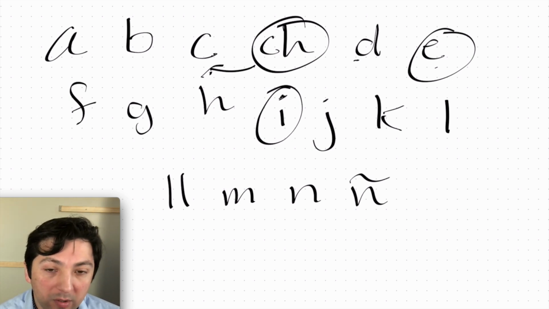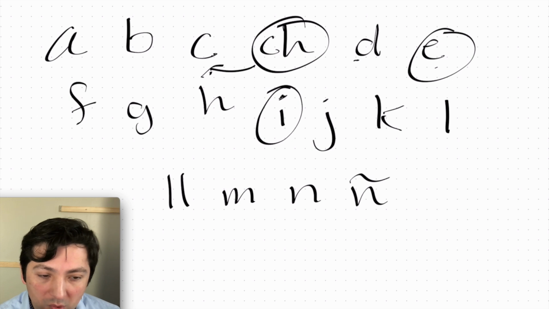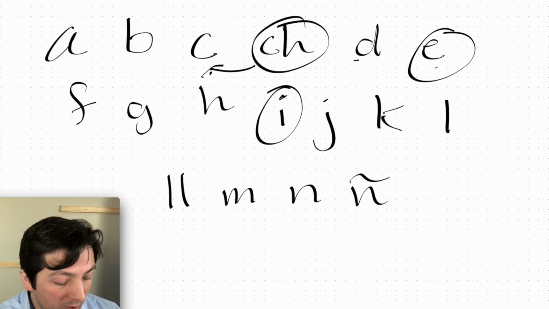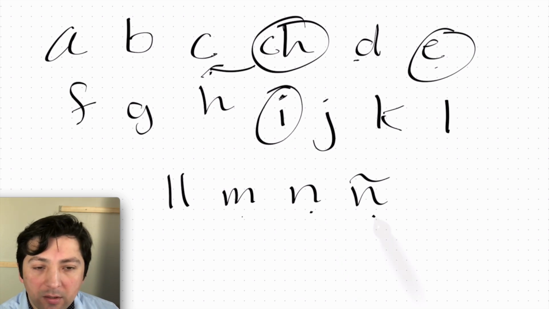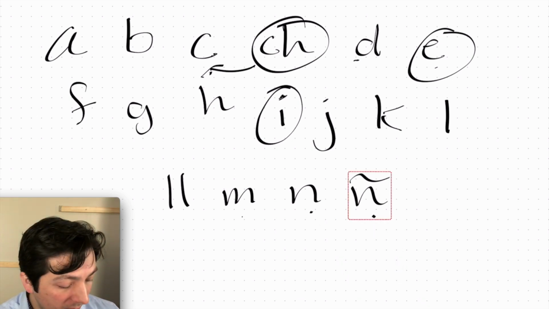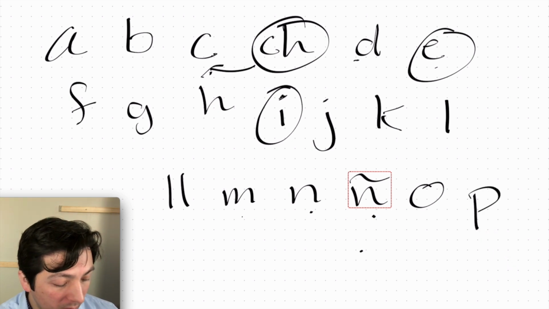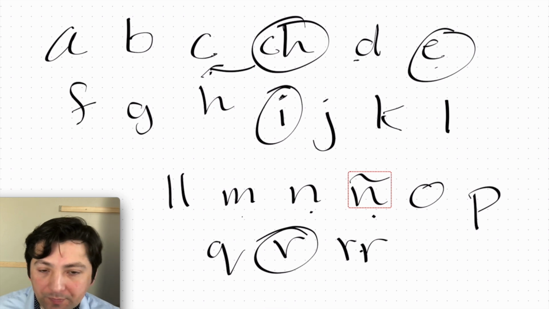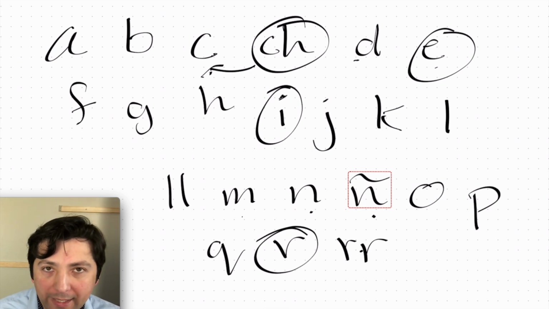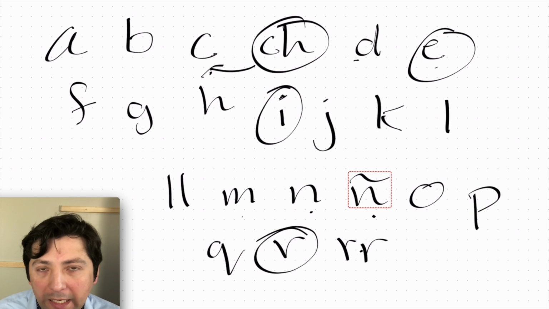And then the double R. So I'm going to cover these, then I'm going to refer to my book. So elle, M, N, ñ, O, P, Q, R, double R. All right, so this one here, this is going to be R, but you might hear some people call it ere.